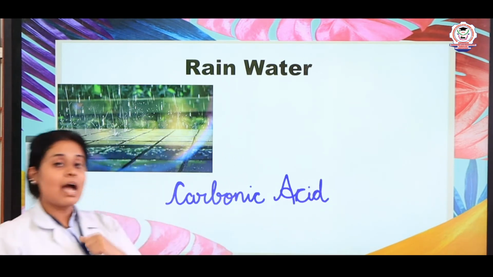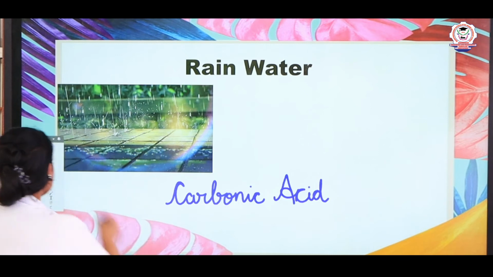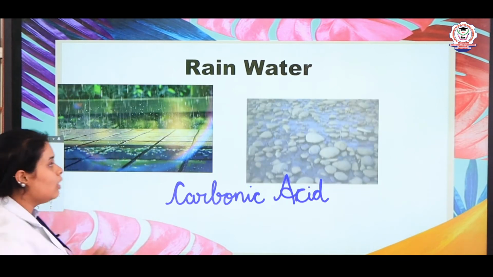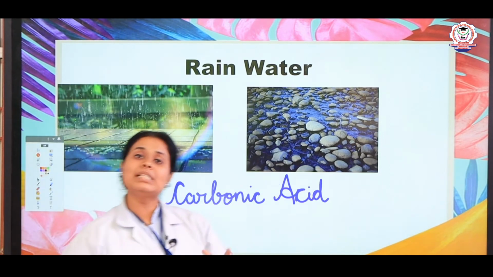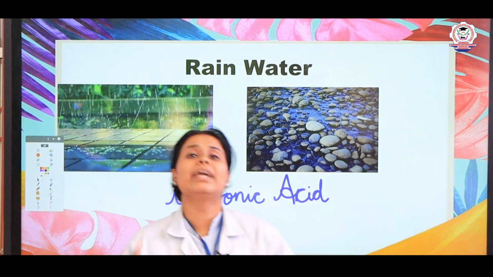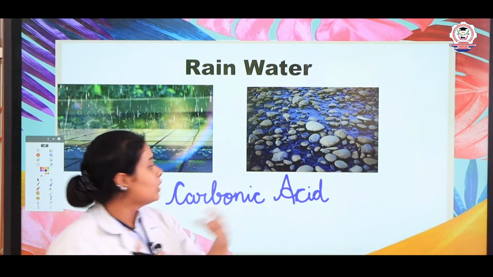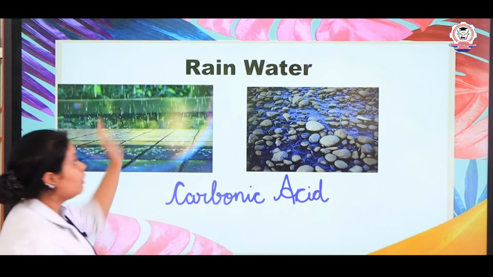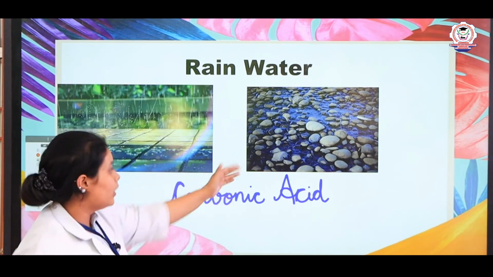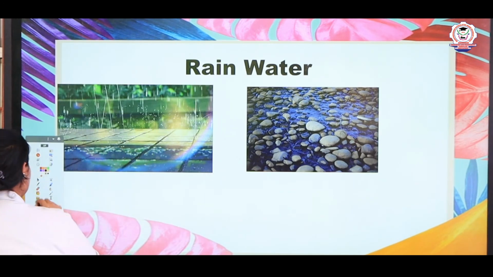Okay? So this carbonic acid, what it does is, it will fall upon the rocks or stones. When it is falling upon these, you will see that it will start getting broken up. It will just break. That process is known as erosion. So the rainwater can cause erosion. Okay? Now there is one more part, children.